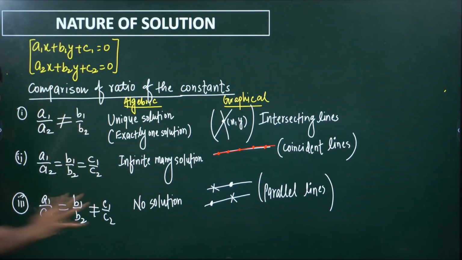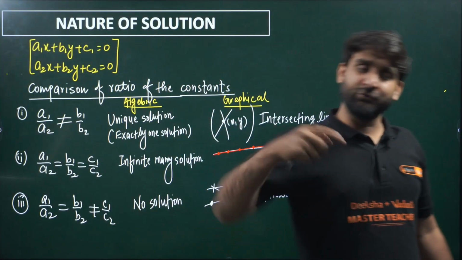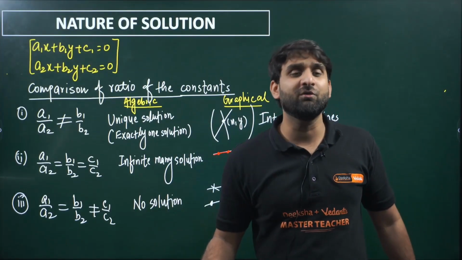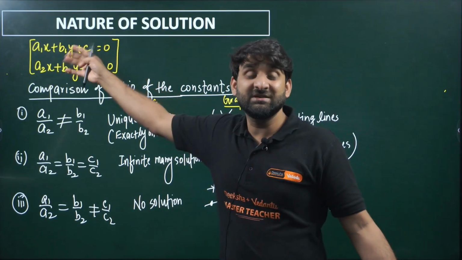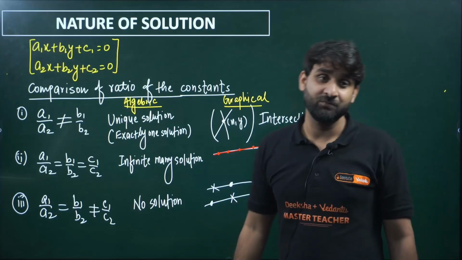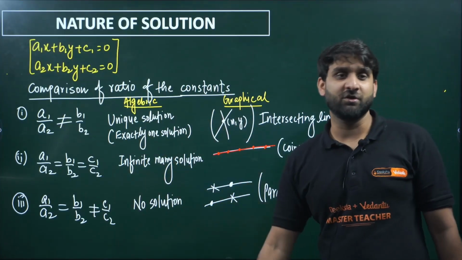The student who has clarity of A1, B1, C1 can do this. If you don't know how to extract A1, B1, C1, A2, B2, C2 from the given linear equations, you can't do this. So first, try to extract them, then you will be able to solve the questions using this comparison of ratios.